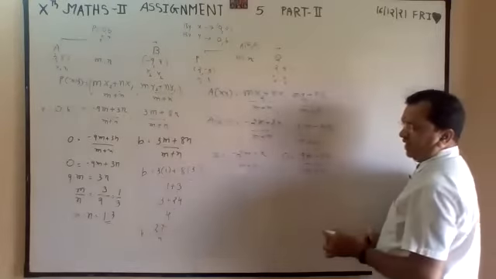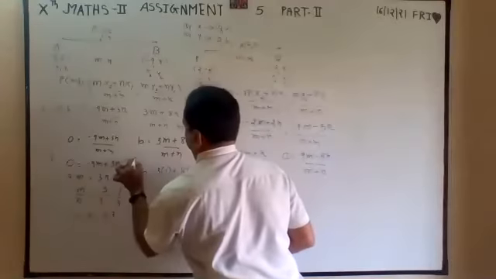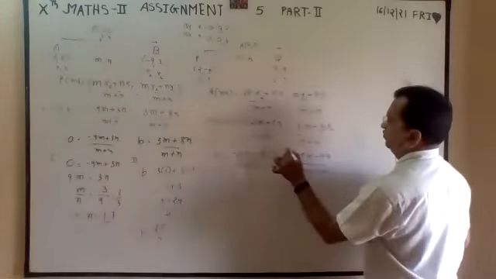With 0 always you have to calculate. This is first part, this is second part. With 0 it will be 0. Minus will jump this side, so it becomes plus. So m by n: m coefficient comes here, n coefficient comes here. So m is to n is equal to 5 is to 9. Substitute 5 is to 9.